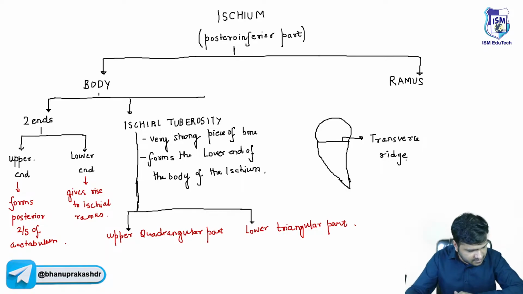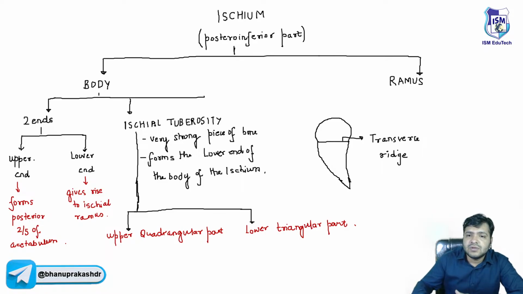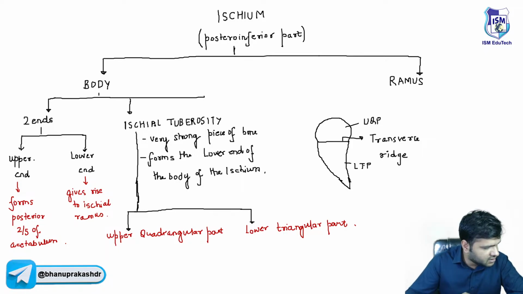Ridge का मतलब क्या होता है? Just a simple line. So we have this upper quadrangular part and the lower triangular part. I've just written in short.